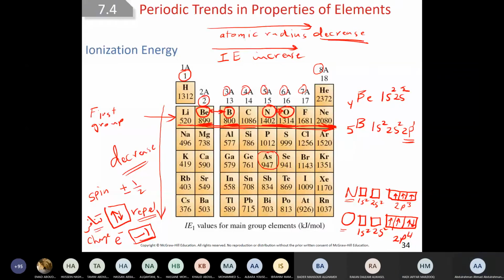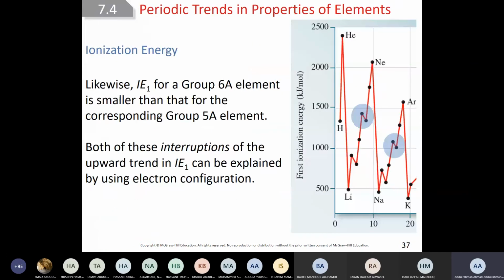So the valence is already here. Let's do bromine. What's the valence of bromine? 7. When are we going to expect the highest ionization energy? After 7, which is 8. I hope this is also clear.